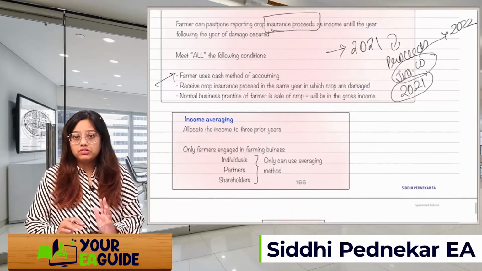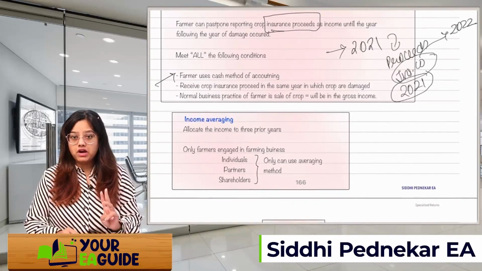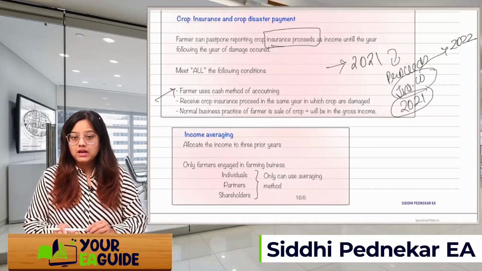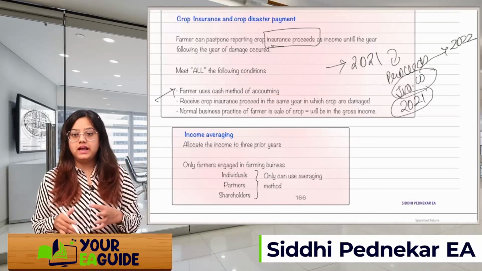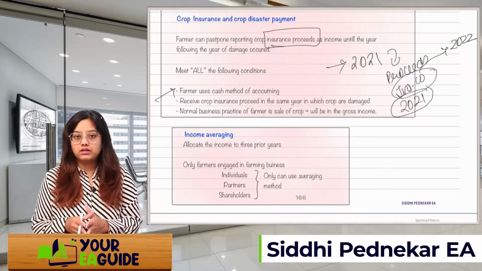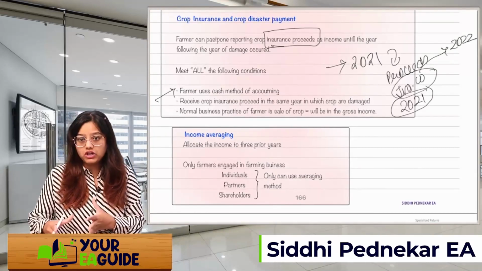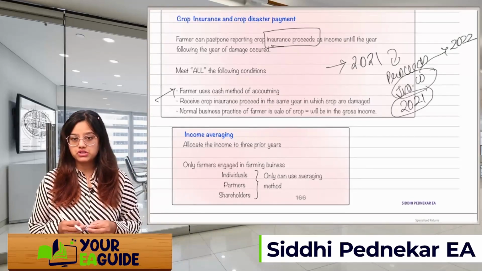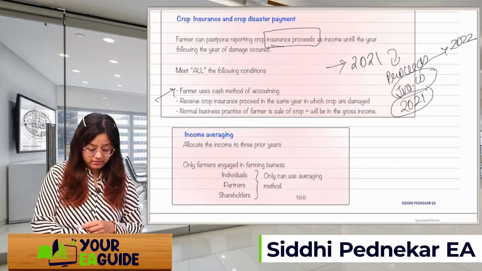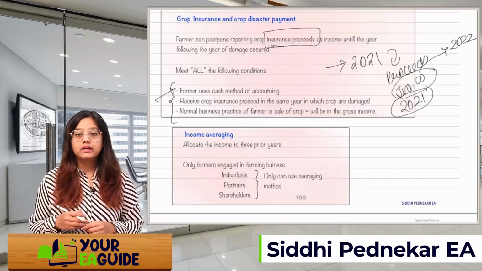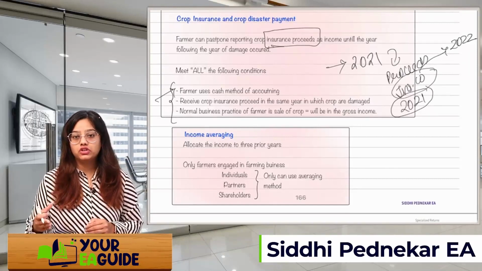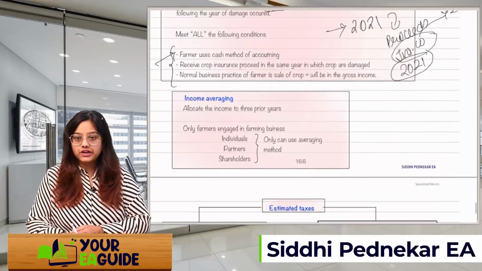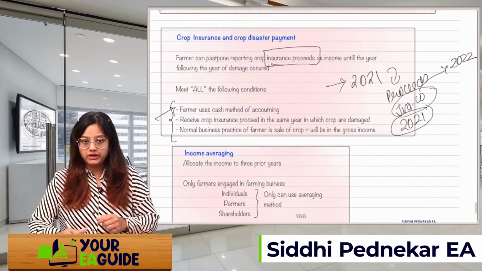Third, the normal business practice of the farm is the sale of crops. So your usual business is sale of crops, your main business is getting damaged, and for that you are receiving insurance proceeds. Then only you can postpone the inclusion of the insurance proceeds into next year. All right, these are the three conditions which need to be fulfilled.